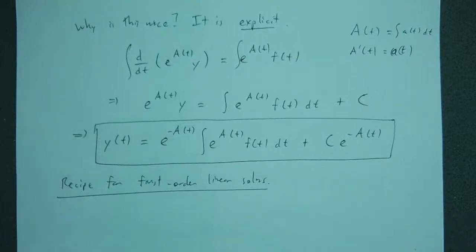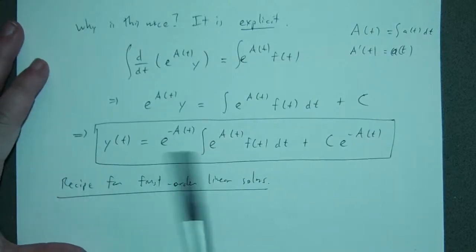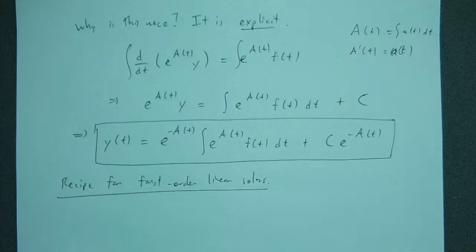And so it is true that this is just the closed form recipe for any solution to a linear first order equation. But one thing to know here is that to actually write this out, you need to do two integrals.